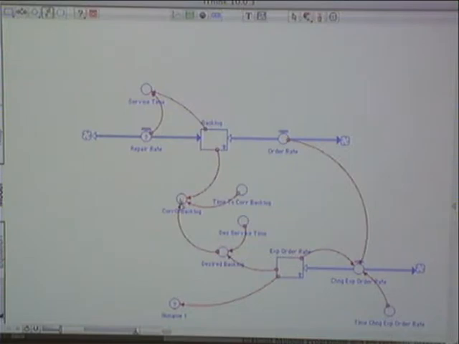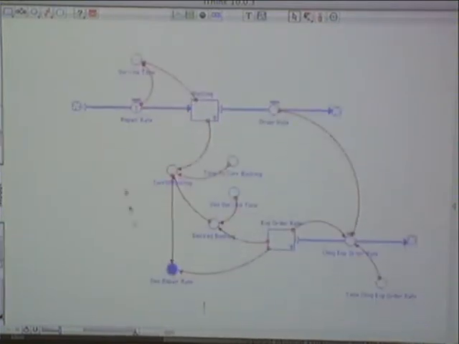In other words, it is the order rate plus the correction for backlog. It is no longer production rate, it is the desired production rate. Desired production, or is it repair? Yeah, repair rate. This is what I want to repair, not what I do repair.